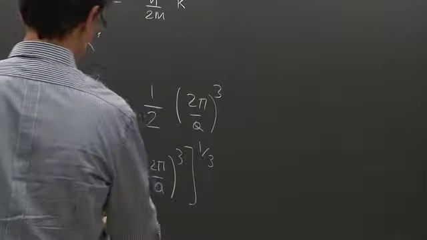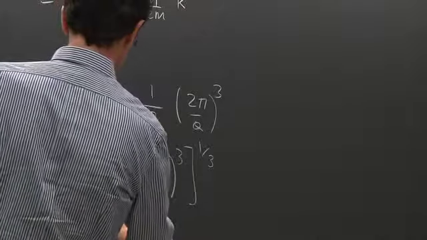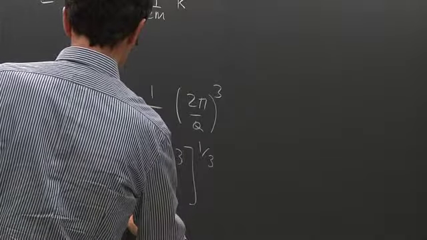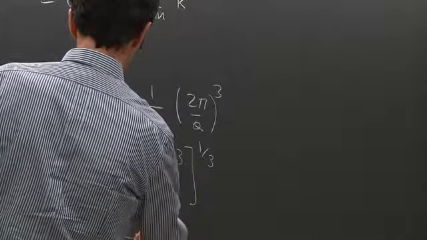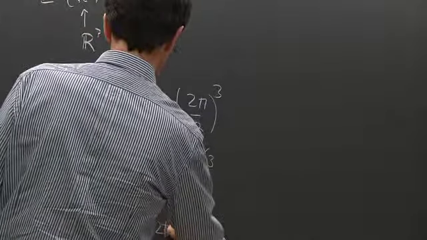So it's 1/2, 3 over pi to the 1/3, times 2 pi over a.